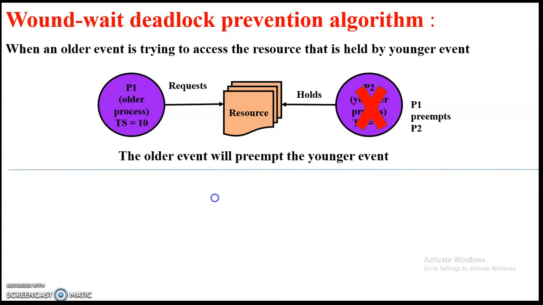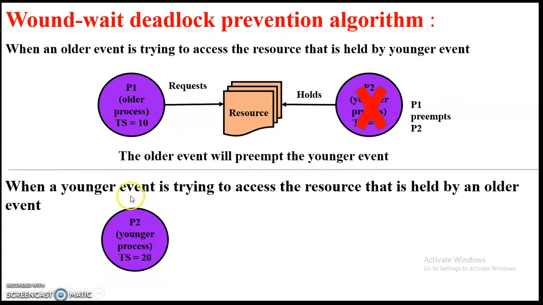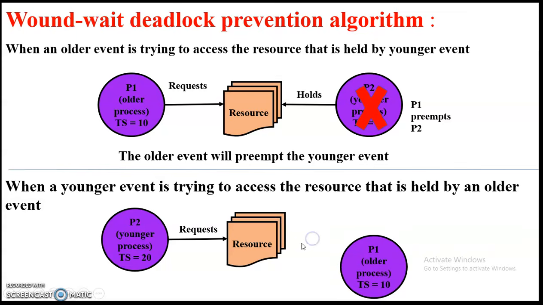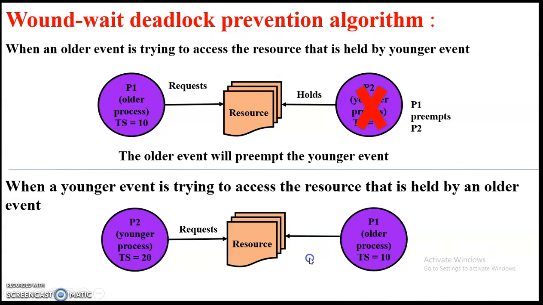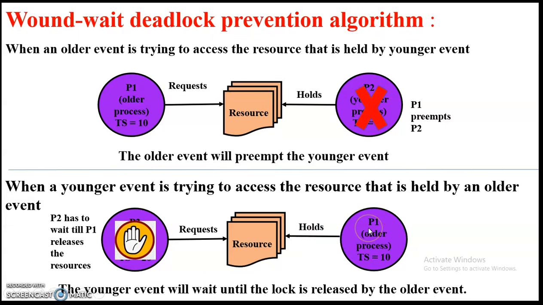Now let us see the second case, which is vice versa. A younger event is trying to access a resource that is held by an older event. Here P2 is the younger event requesting a resource that is held by the older process, P1.